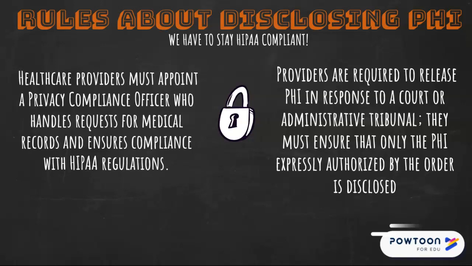If that person has been seeing the provider for 10 years, they can't release anything that has occurred before or after that September appendectomy, only what the court asked for and only for that specific reason.